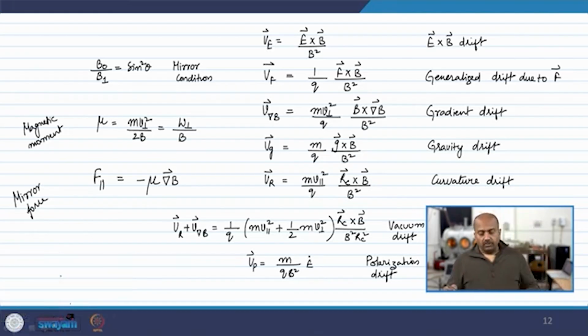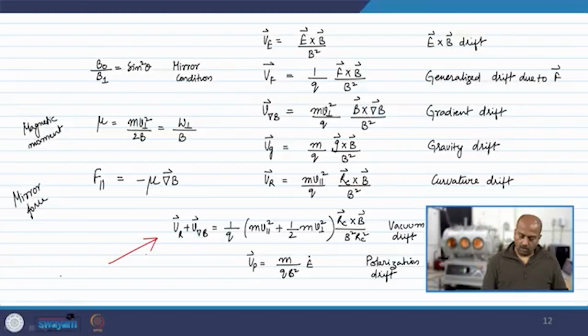We have all these drifts. Just so that I can summarize all these things, I have written these things. Okay. We have the E cross B drift, generalized drift, the gradient drift, because of the increasing magnetic field as you proceed towards a magnet or towards a magnetic field. Then you have gravity drift. Curvature is when you have, because the magnetic field lines have to be converging from somewhere and they have to diverge from somewhere, right.